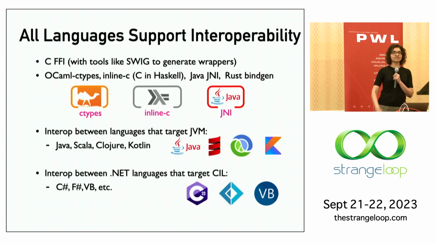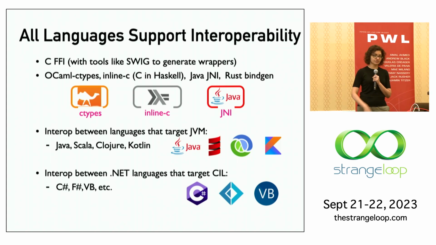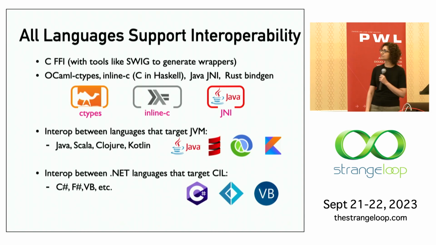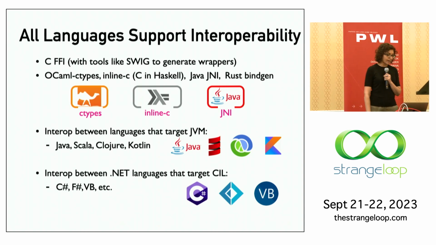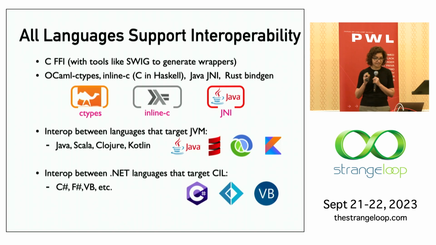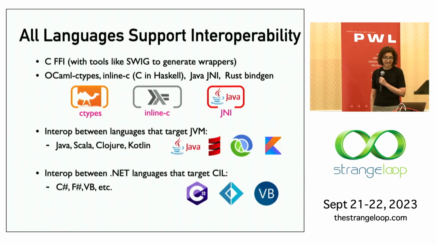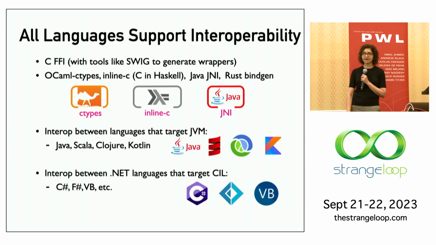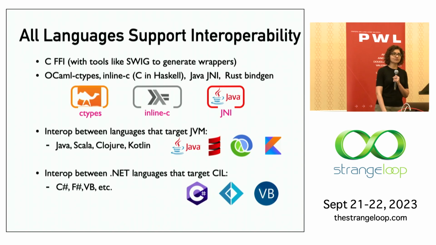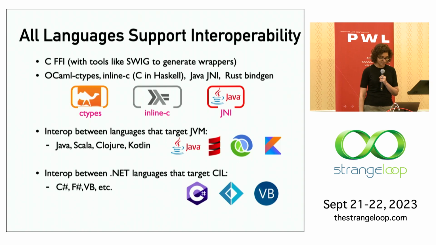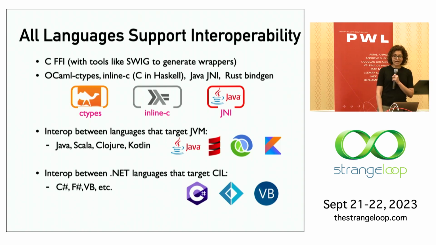Almost every single language supports a CFFI, usually using some sort of SWIG tooling to generate wrappers. We have other kinds of things, like specialized OCaml C types, inline C for Haskell, the Java JNI, Rust BindGen, right? We're all familiar with these tools because we all need to reach for language interop at one point or another.